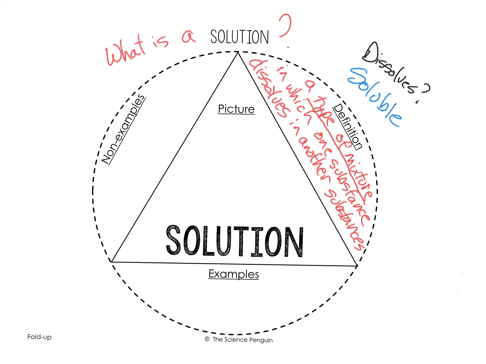Some examples of a solution. We've talked about a couple of them already. We have salt water. We also have hummingbird food. If you didn't know, hummingbirds are migrating right now, so if you have a feeder at home, they are going to be coming to our area in masses as they travel to Central America and South America.